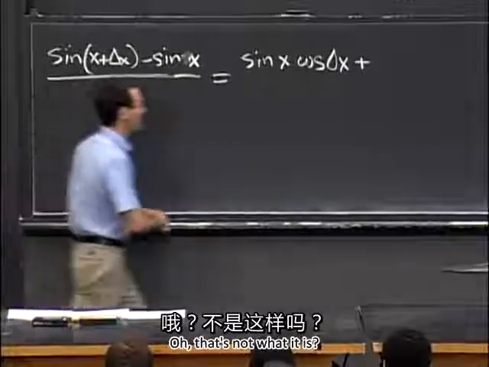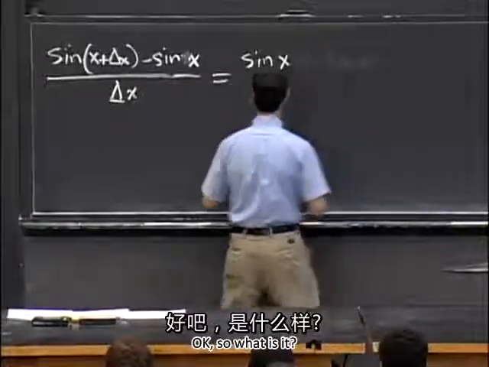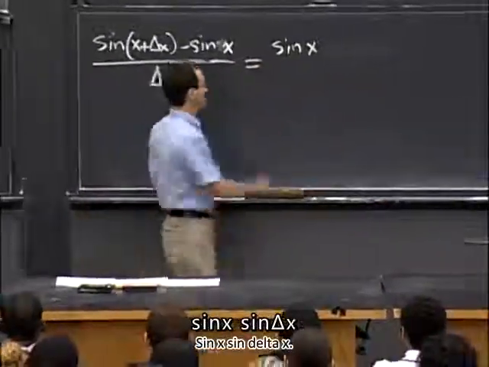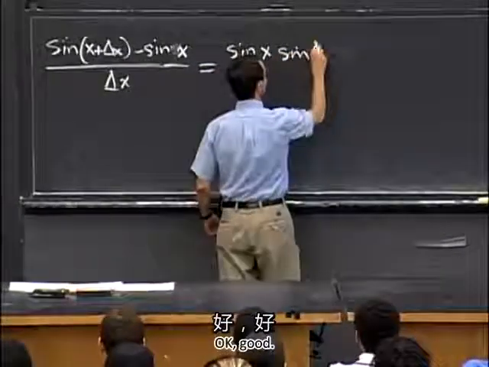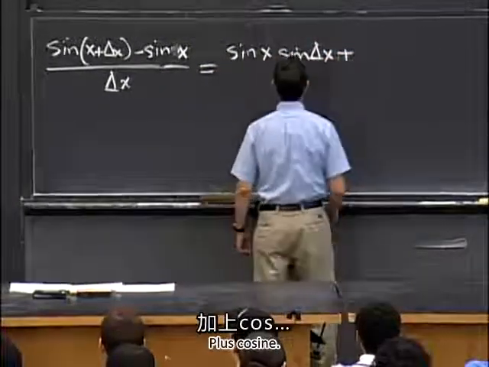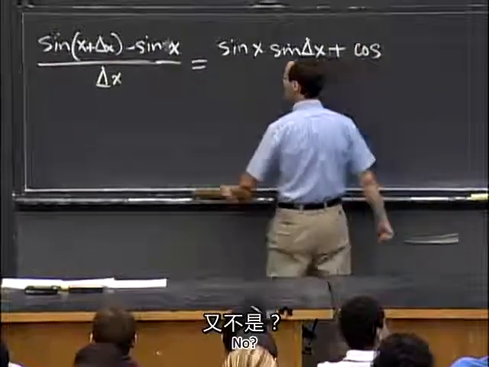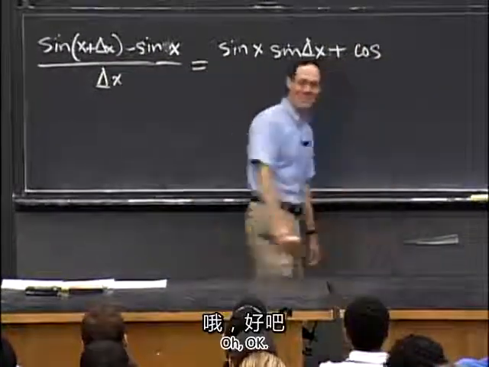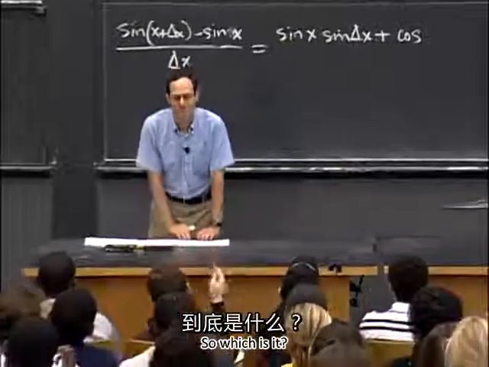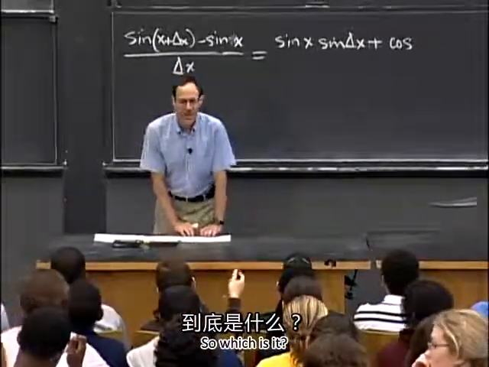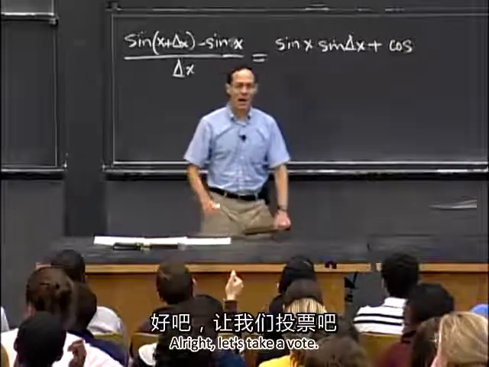Oh, that's not what it is, huh? Okay. So what is it? Sine x, sine delta x. Okay, good, you remember. Plus cosine. No? Oh, okay. So which is it? Okay. All right, let's take a vote.